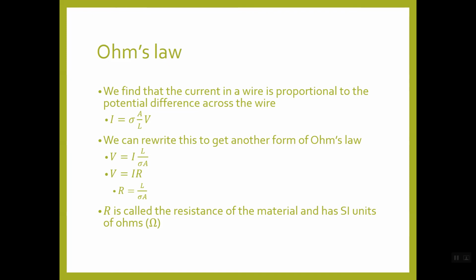So we can note that the resistance of a material is going to depend on the geometry of the material, so its length and its cross-sectional area, whereas the resistivity is intrinsic to the material regardless of its geometry. And resistivity has SI units of ohm meters.